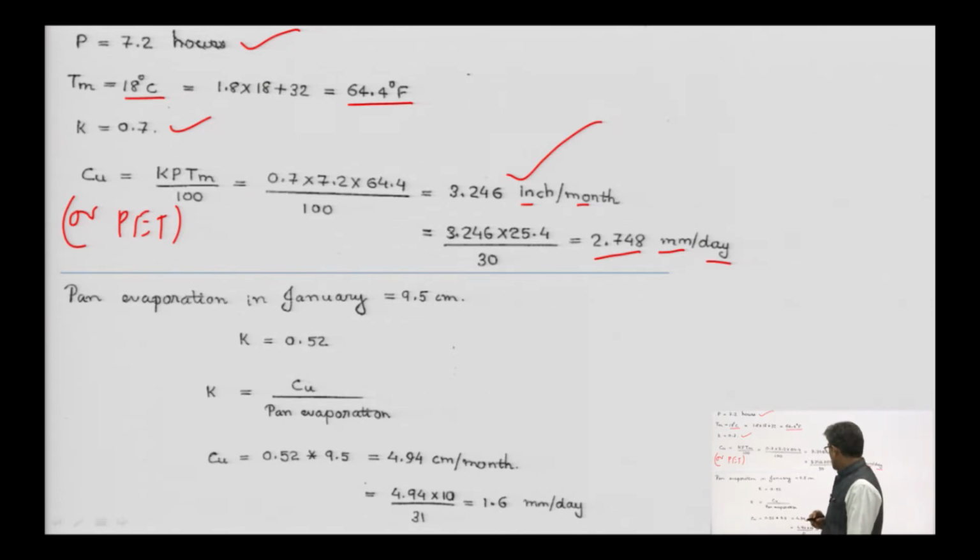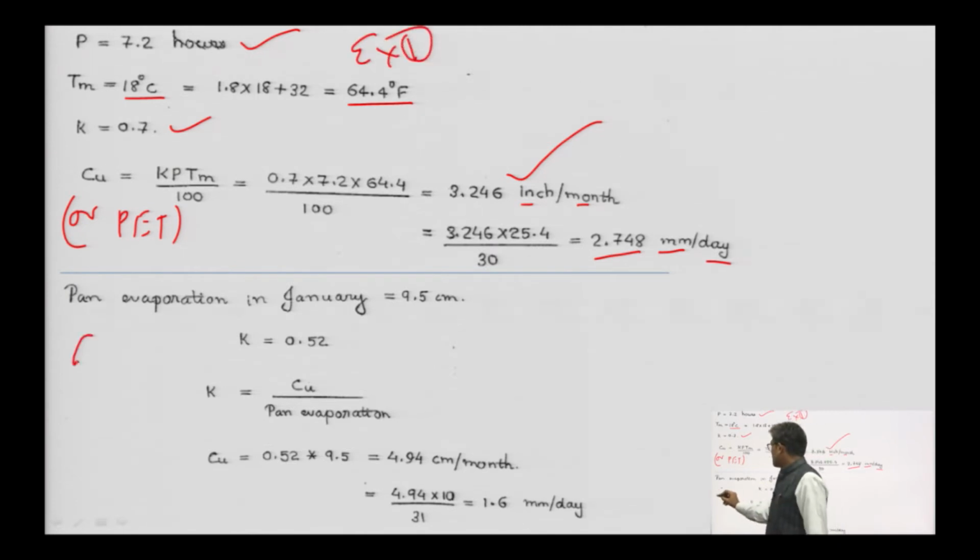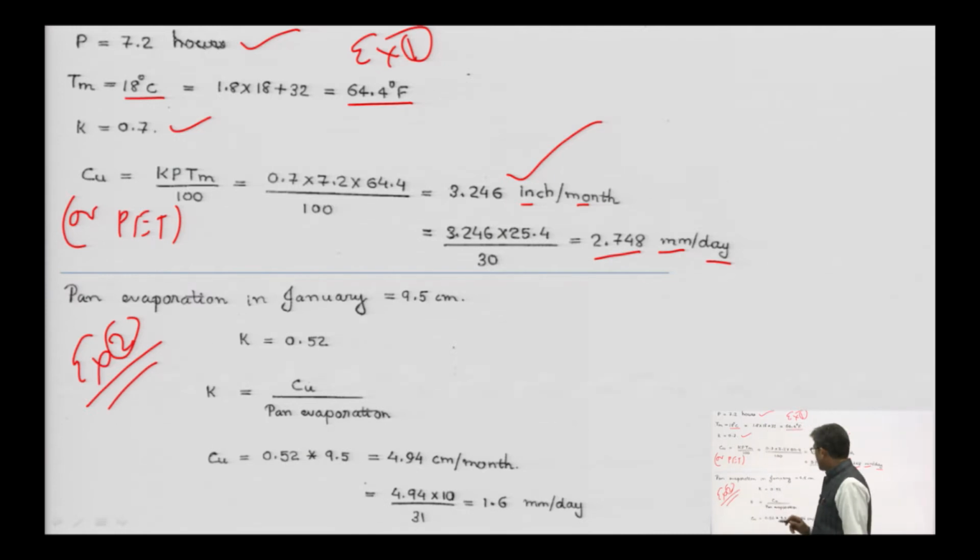This one is example 1, let us take another example, example 2. Say pan evaporation in January is given as 9.5 centimeter, and K is given as 0.52.